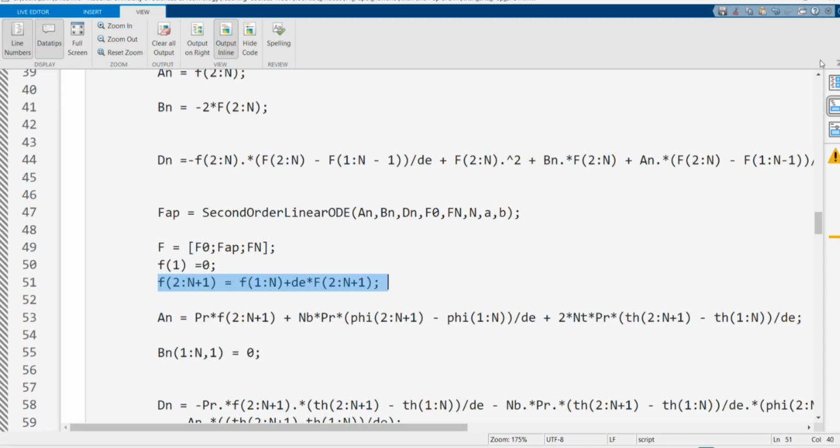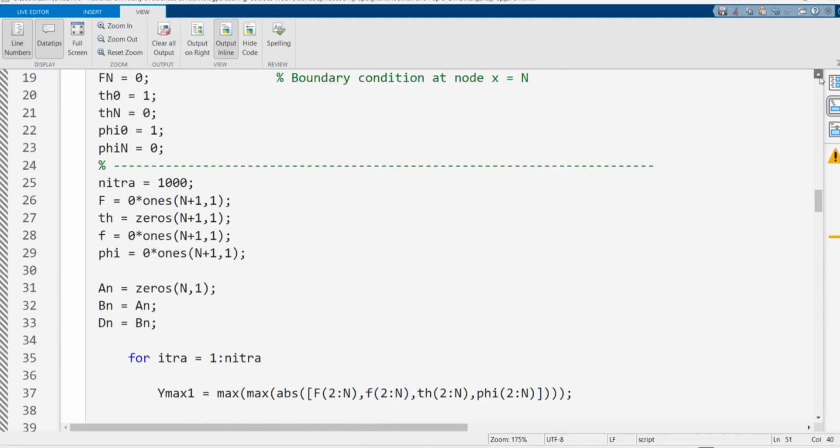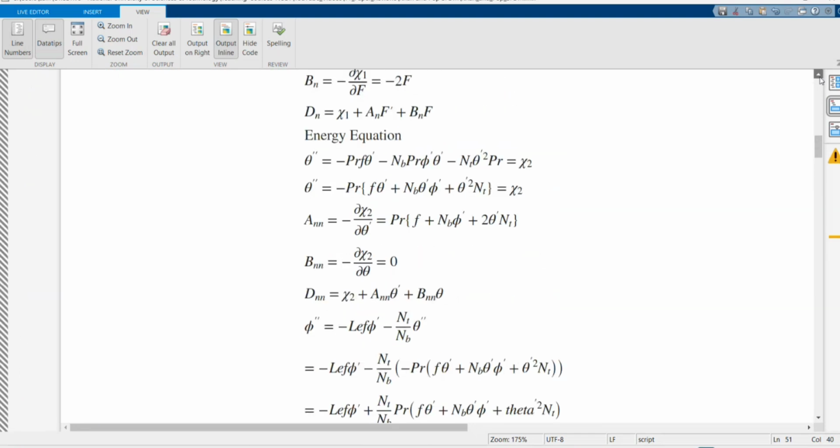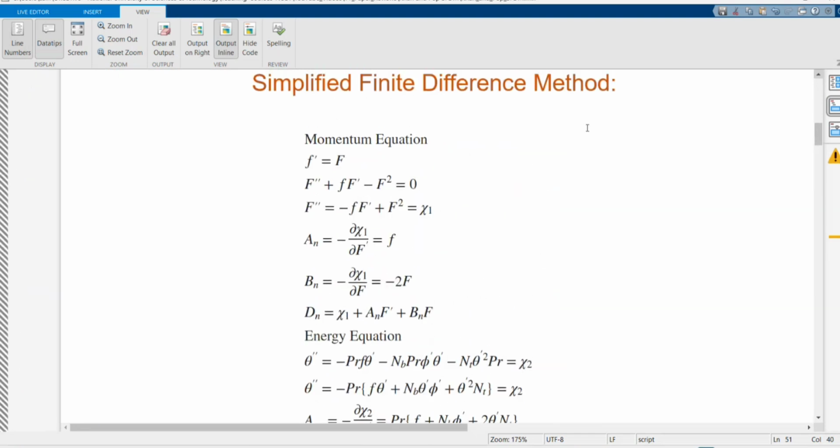You remember what we put over here: F dash is equal to small f, and small f dash is equal to capital F. We apply forward difference on f dash and find the value of f.